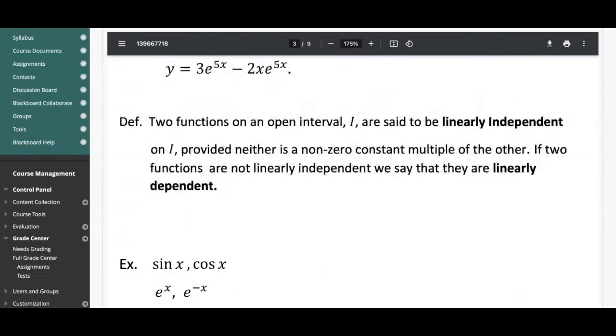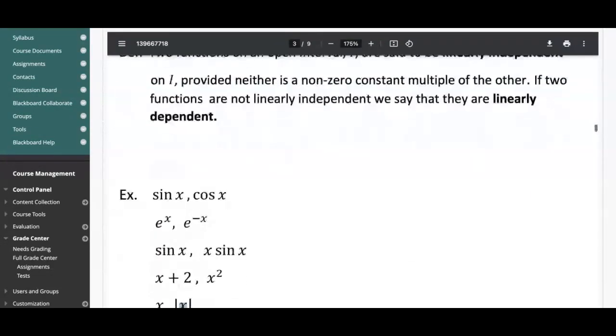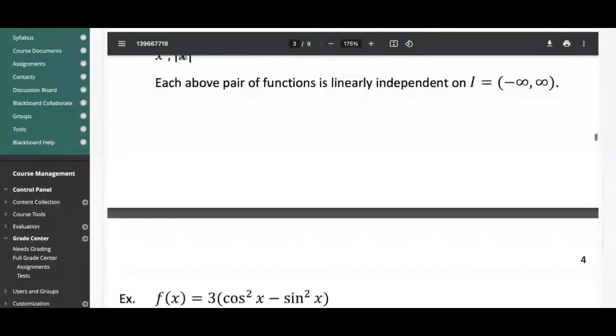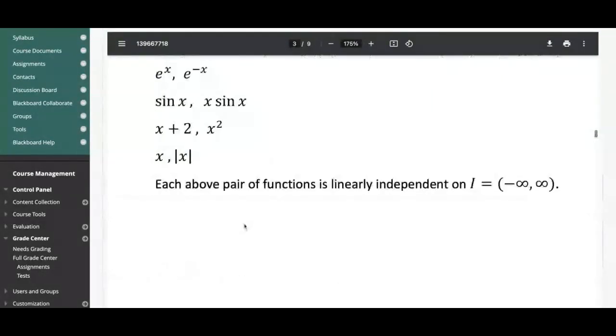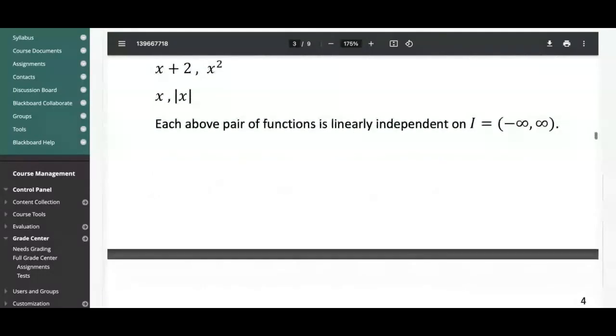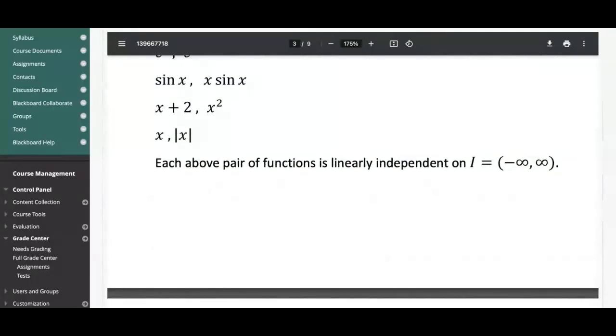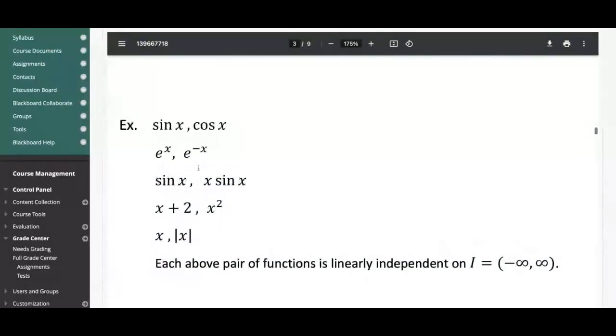So those are the pairs. If there's a dependency, that means one can be written in terms of the other, right? We see these ones, we cannot.